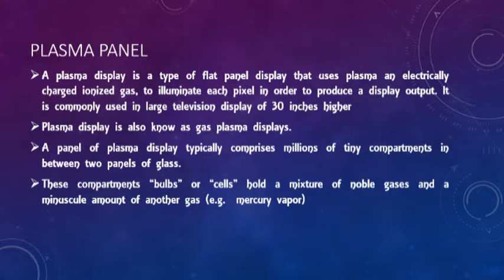A panel of a plasma display typically comprises millions of tiny compartments in between two panels of glass. These compartments, or bulbs or cells, hold a mixture of noble gases and a minuscule amount of other gases such as mercury vapor.